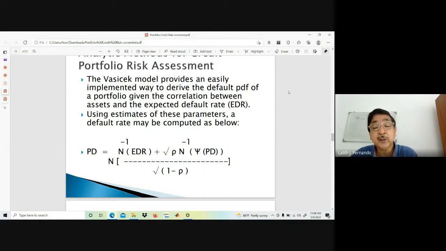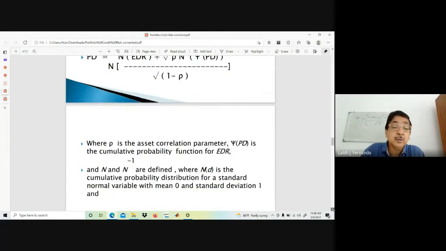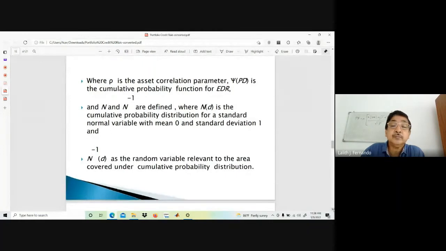Then again, we go to another function, we call it zeta PD. That is the function, the probability of defaults being cumulatively distributed. So again, we can see the explanation. Now, zeta PD is the cumulative probability function for EDR.